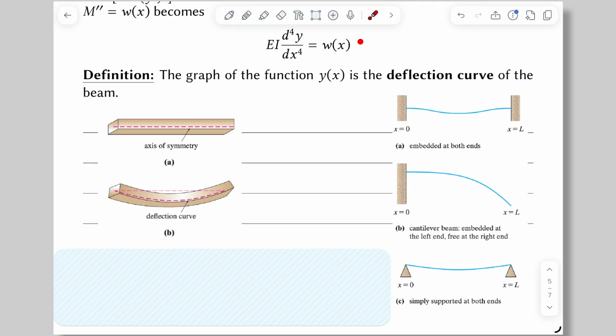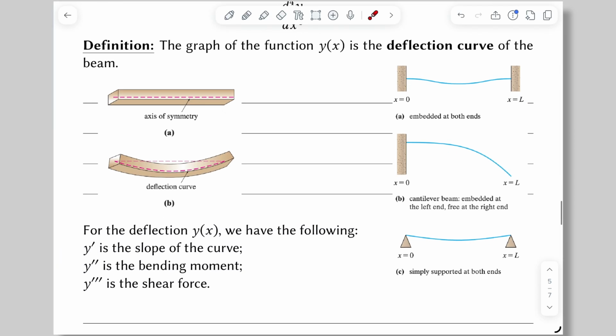Here we have our fourth order differential equation. And then our boundary conditions are going to be related to whether a beam is embedded or free or simply supported at one end or the other. The input values for the independent variable are 0 and L, L being the length of the beam.